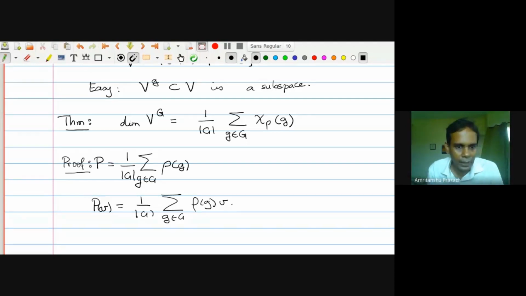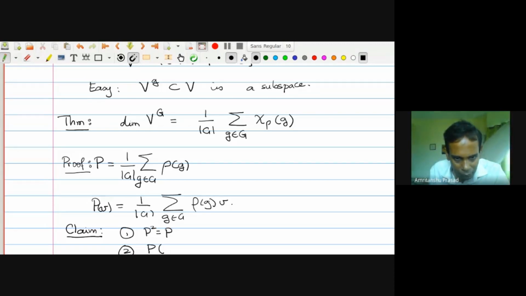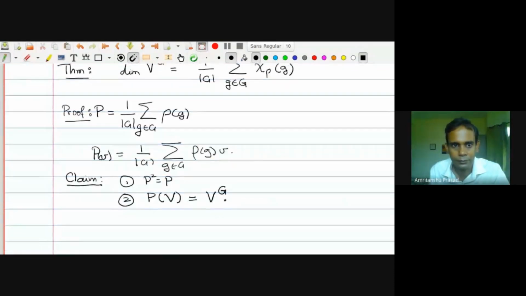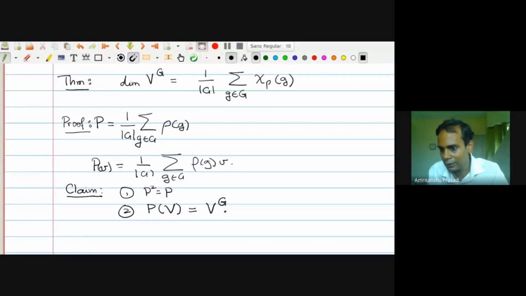Now, I claim two things. Firstly, that P squared is equal to P, and secondly, that the image of P, that means if I take P and look at the image of V under P, this is the space of invariant vectors.